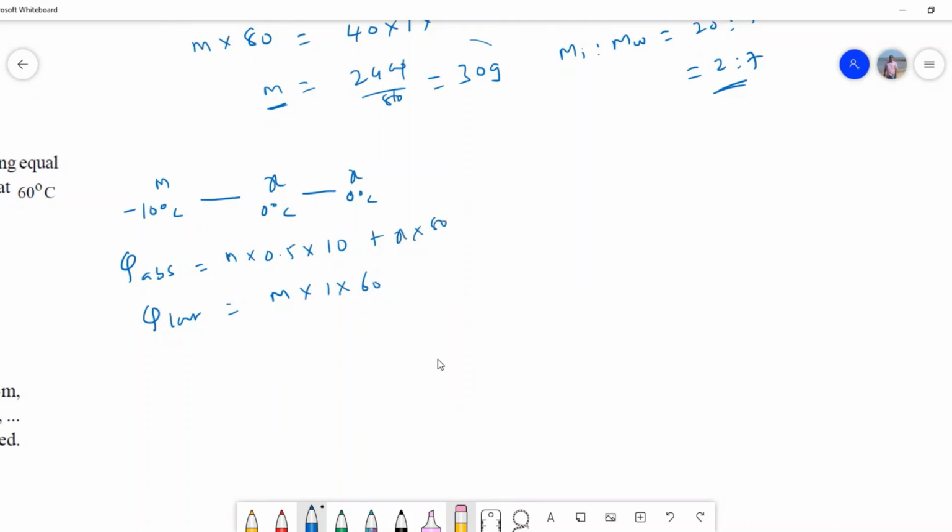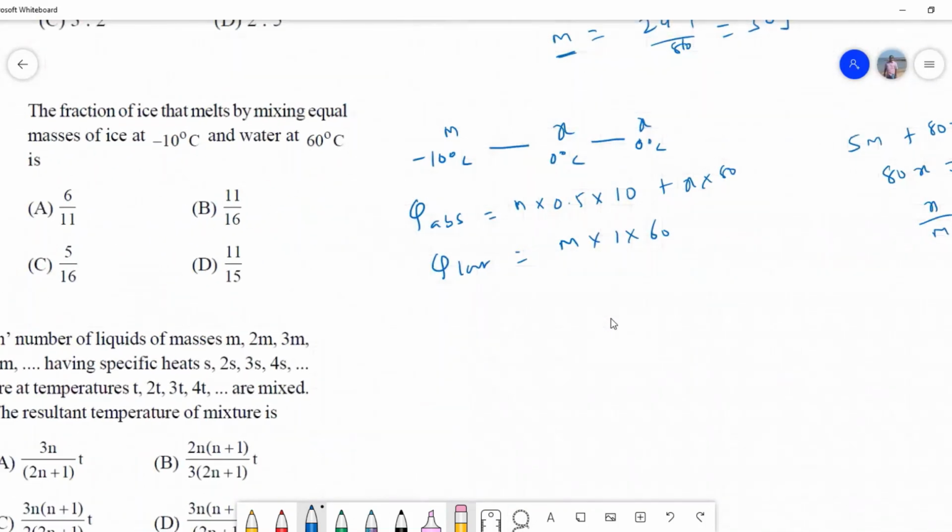Now equate them. So this is 5m plus 80x is equal to 60m. So 80x is equal to 55m. He's asking what is x by m. x by m is 55 by 80. So 11 by 16. So the answer is 11 by 16.